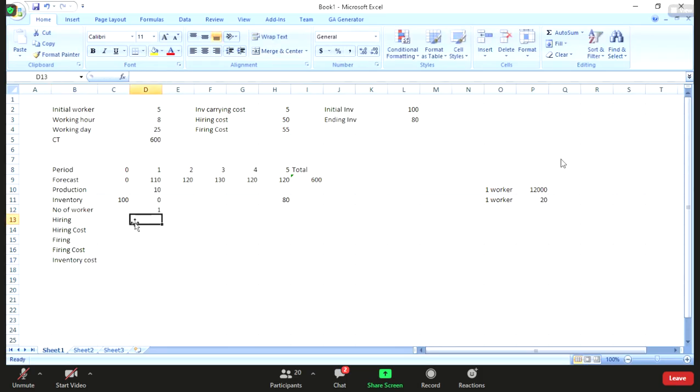Okay, or maybe we can save this one. So like that: inventory cost, number of worker, hiring cost, firing cost.